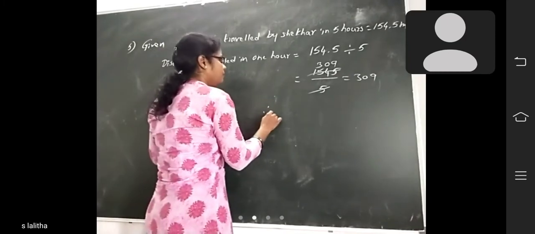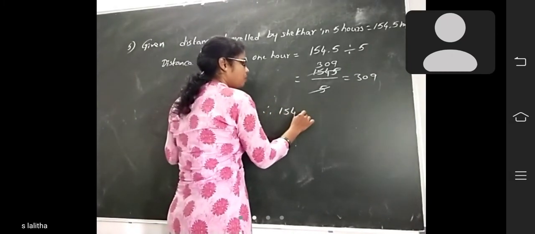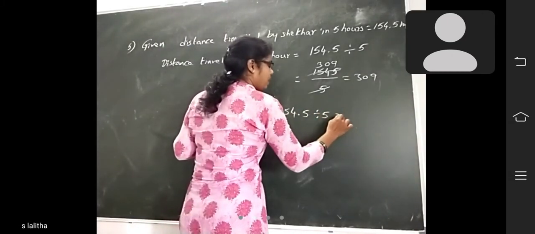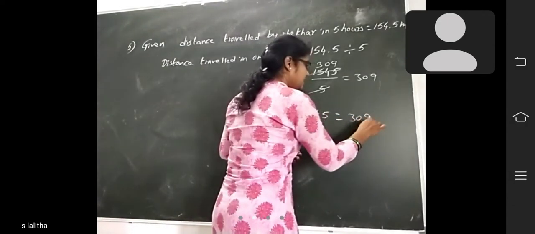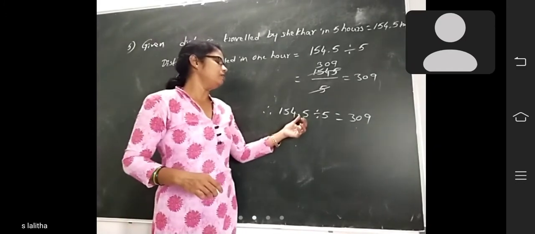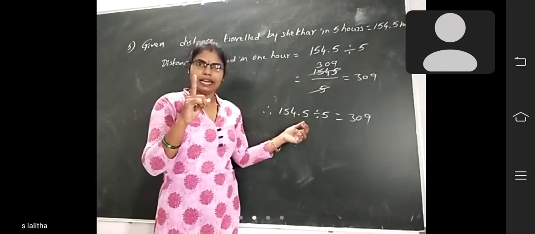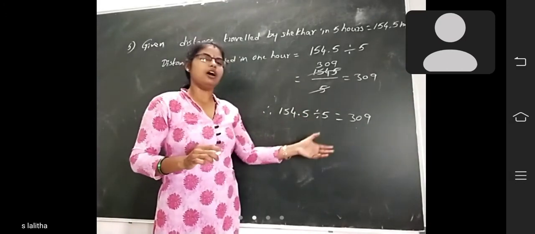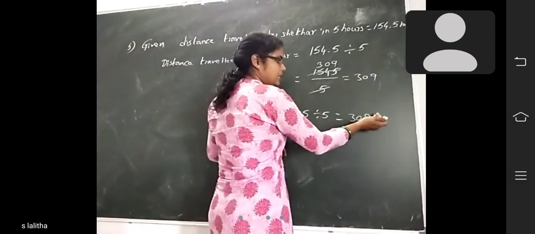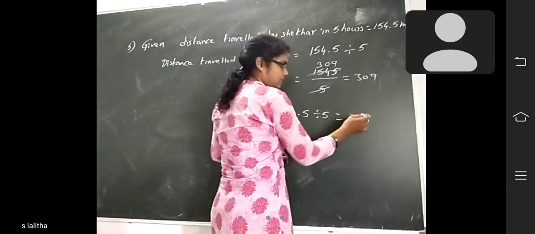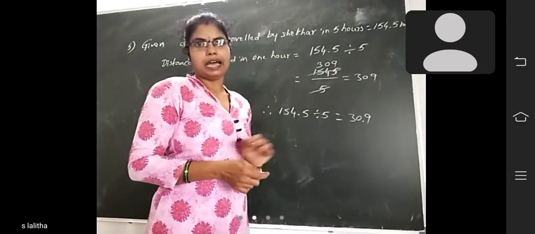So therefore, 154.5 divided by 5 equal to, here the decimal point is after only one digit. Now where should you keep the decimal point in the quotient, children? One digit after, from right side to left side, that is 30.9 is the answer.